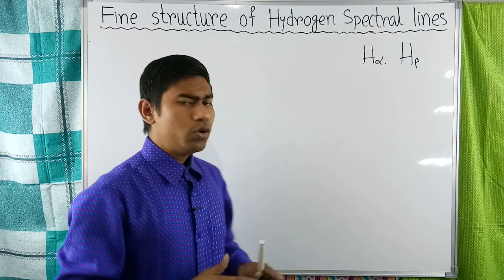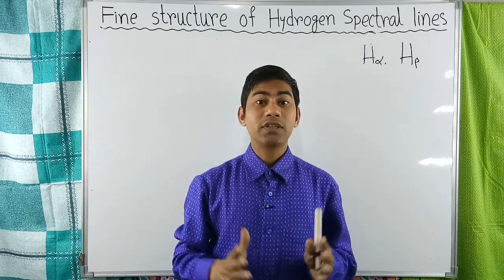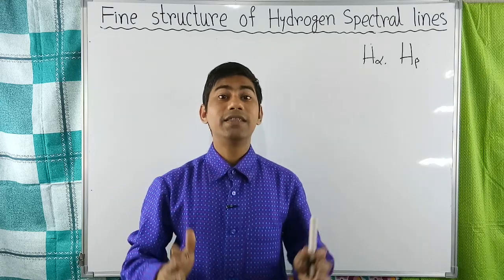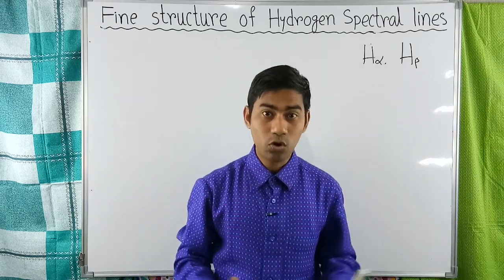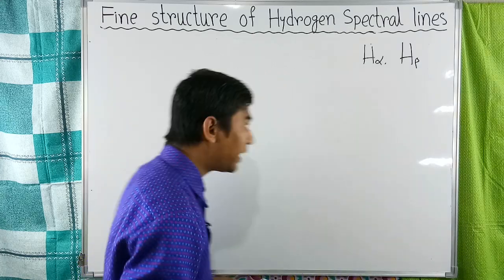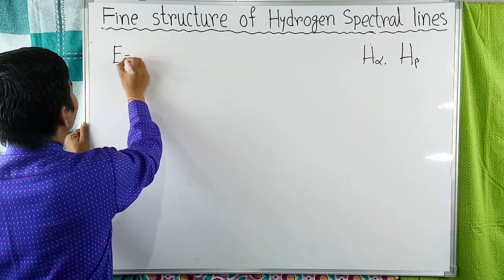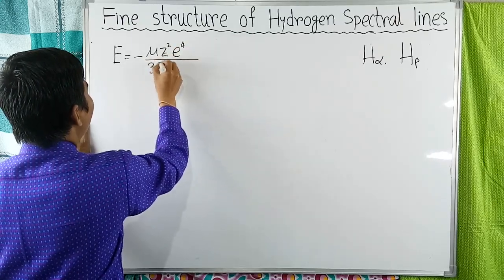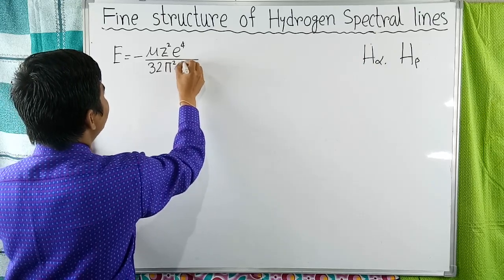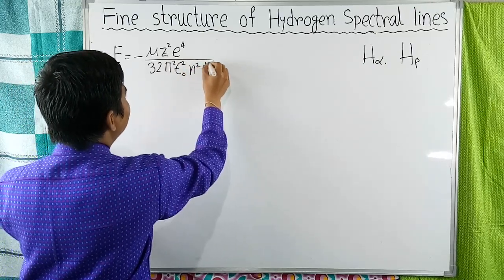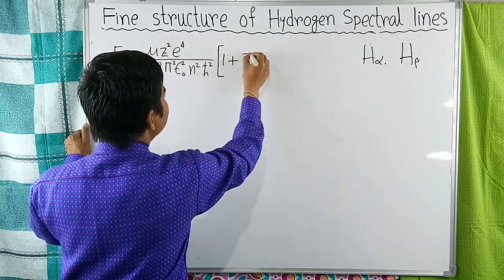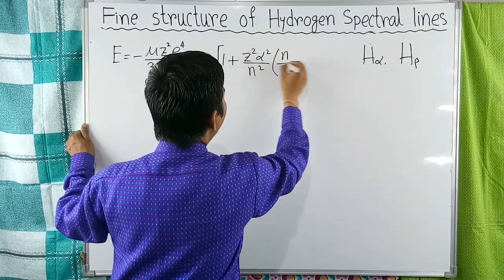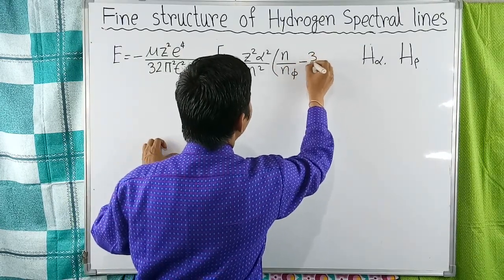Now, Sommerfeld tried to explain the fine structure of hydrogen-like atomic spectra by considering the relativistic variation of mass of the electron, deducing the expression for energy E equals minus mu Z squared e to the power 4 by 32 pi squared epsilon 0 squared n squared h cut squared, into 1 plus Z squared alpha squared by n squared, into n by n phi minus 3 by 4.